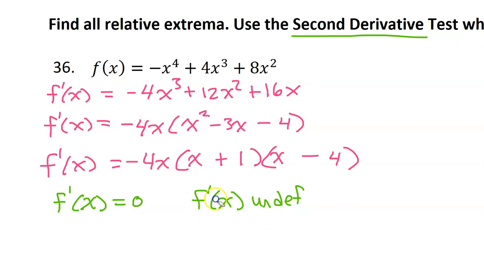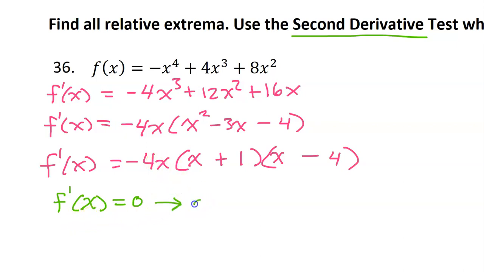So we're not going to find all the critical numbers. All we care about is where are the horizontal tangent lines. So we just want to know where the derivative is equal to 0.